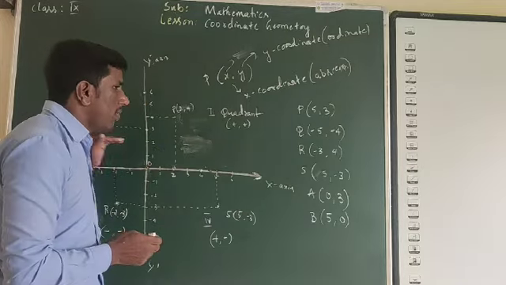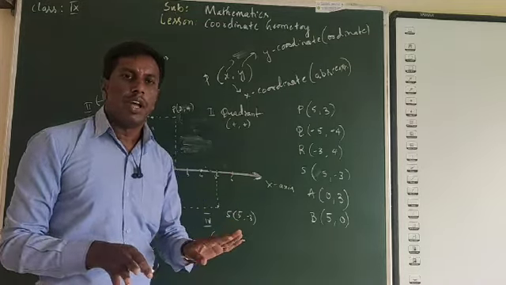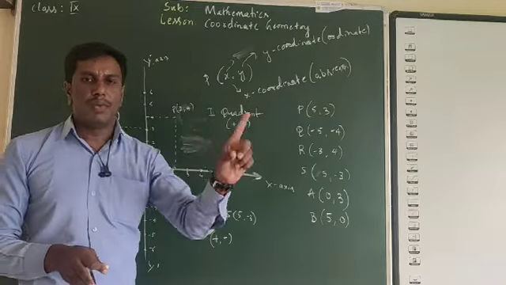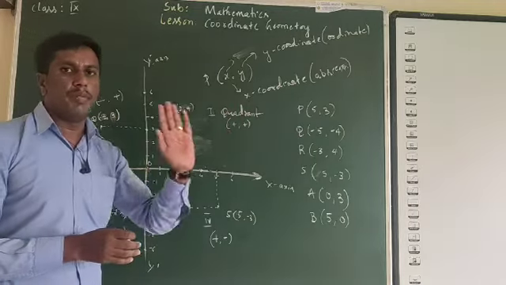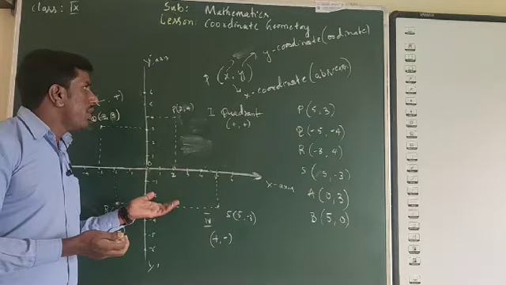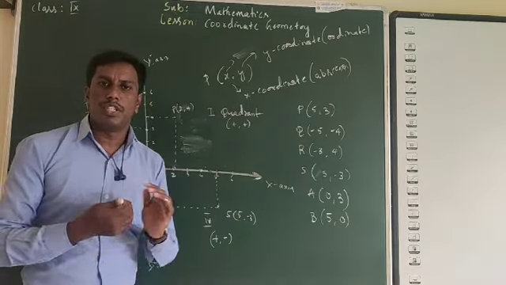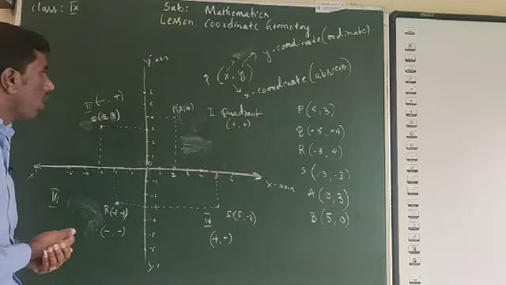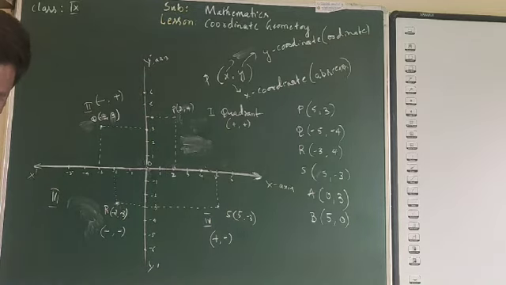It will be very important in coordinate geometry. On the x axis, y value is 0. On the y axis, x value is 0. This is a very important point you should remember in coordinate geometry, right?